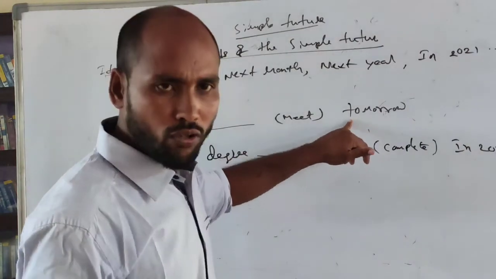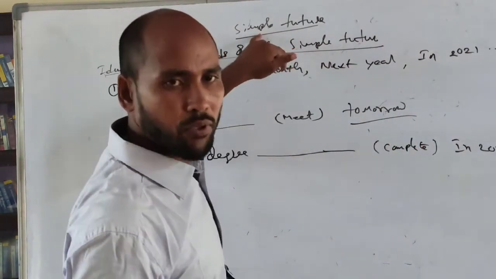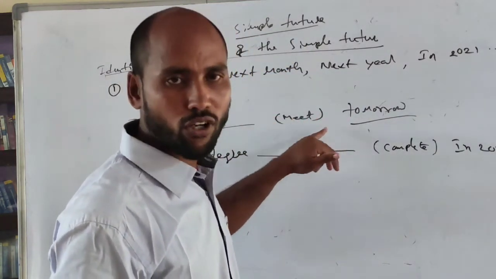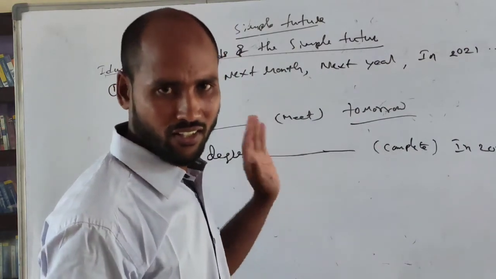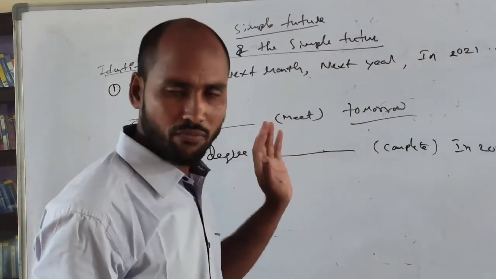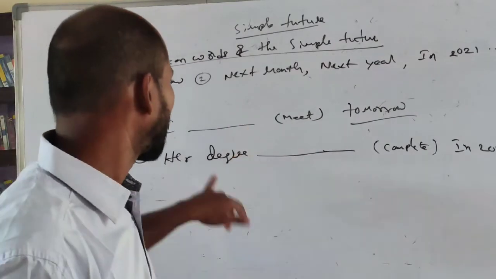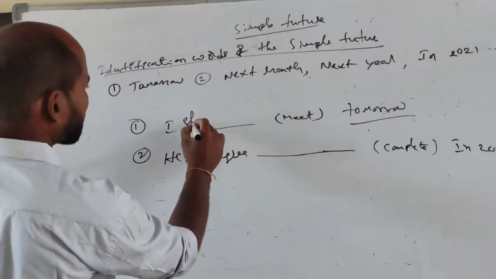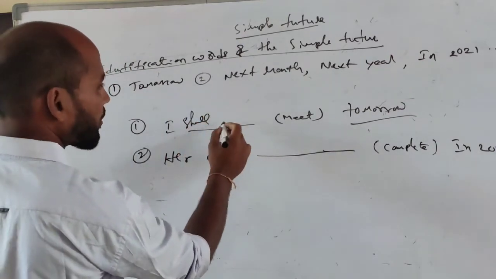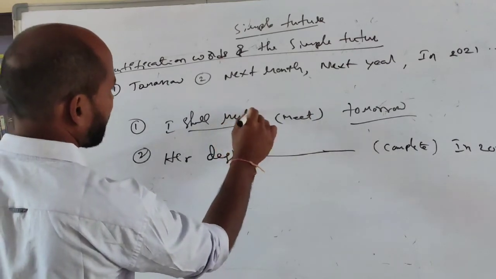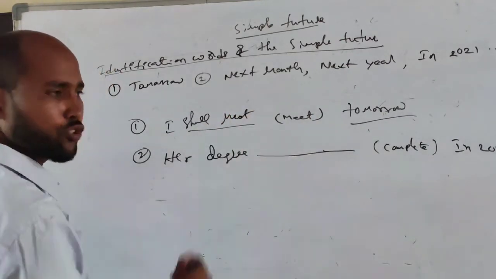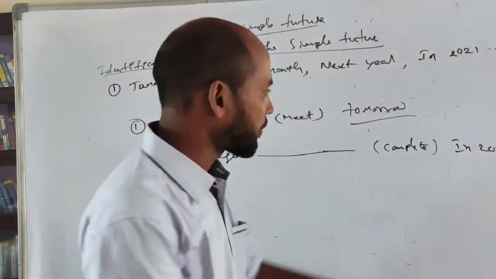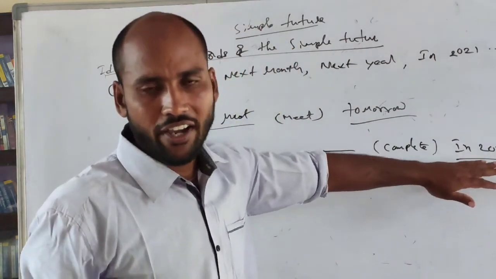Here tomorrow is the identification word of the simple future tense. So this sentence follows the simple future tense structure: subject plus shall or will plus V1. Here the subject is I, after the first person we write shall or will. Shall meet, V1. Meet tomorrow. Her degree completed in 2021. 2021 is a future identification word.